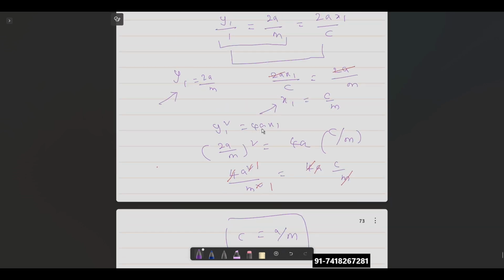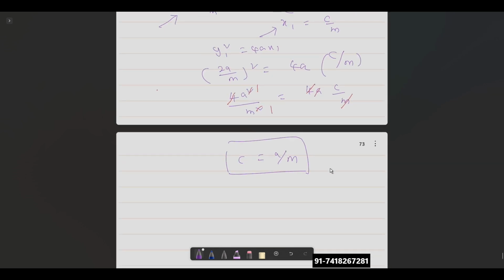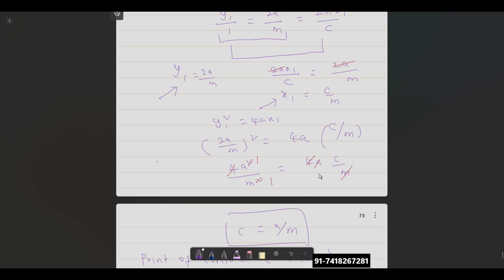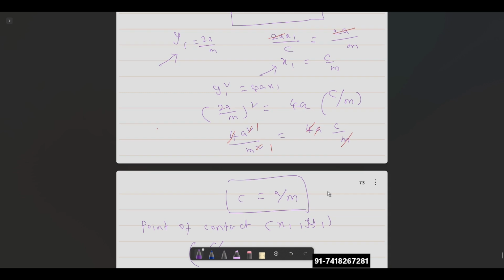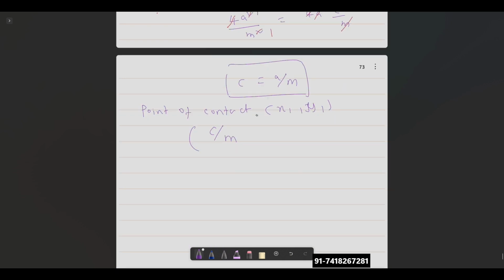So in order for y = mx + c to be a tangent, your c should be a/m. Then the point of contact (x1, y1) will be: x1 is c/m, and y1 is 2a/m.